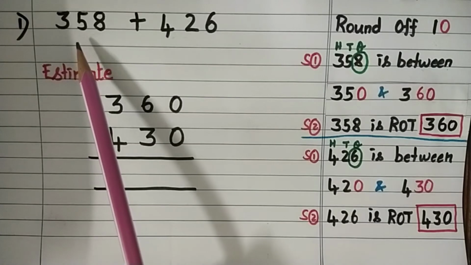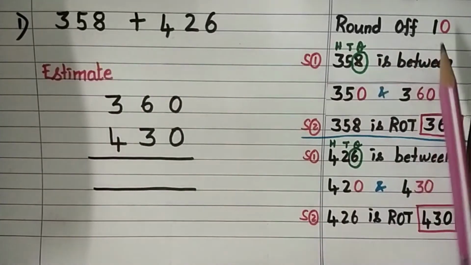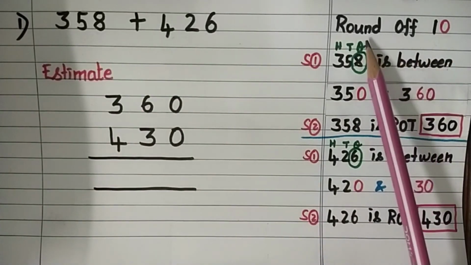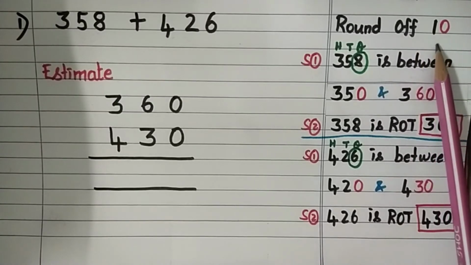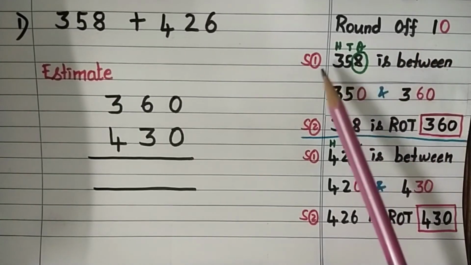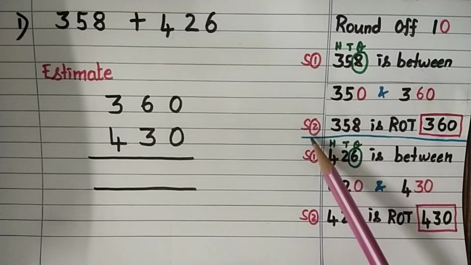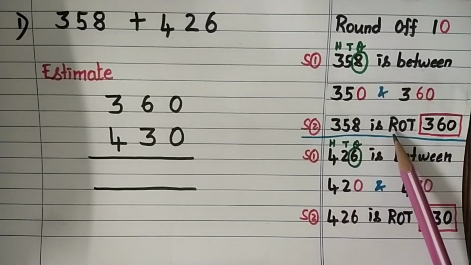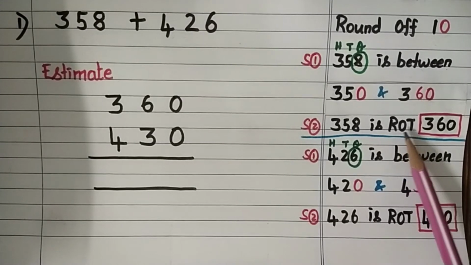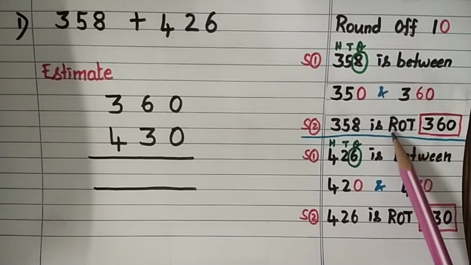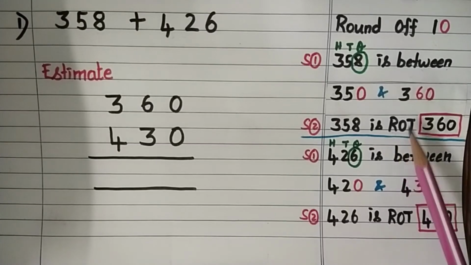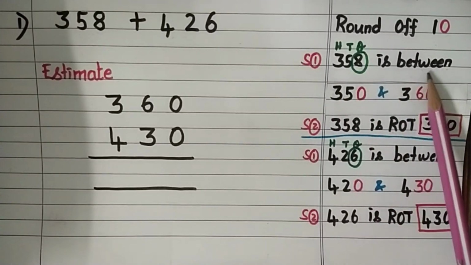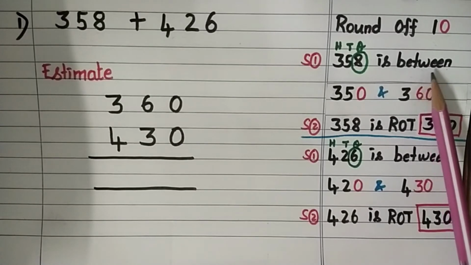First, we are going to round off 358 to the nearest 10. Children, you all know how to round off to the nearest 10. That can be done with two simple steps, step 1 and step 2. Step 1 is to find the between numbers and step 2 is to round off to the nearest. ROT means round off to. Step 1, to find the between numbers, I taught you a very simple trick, children.